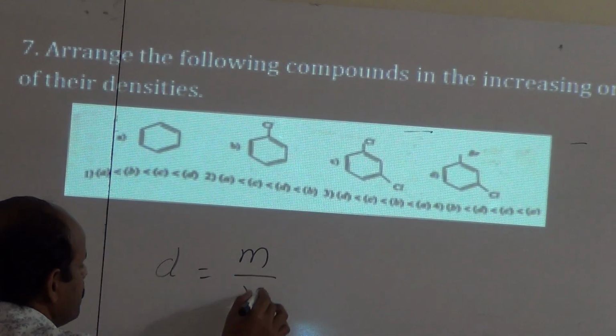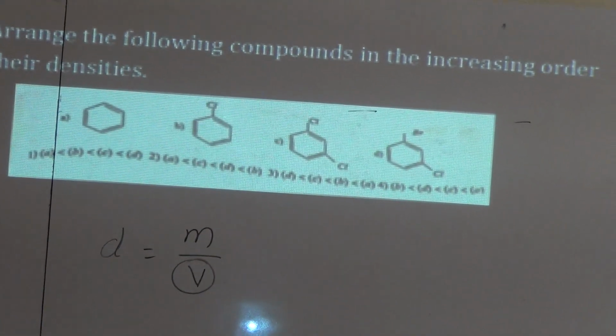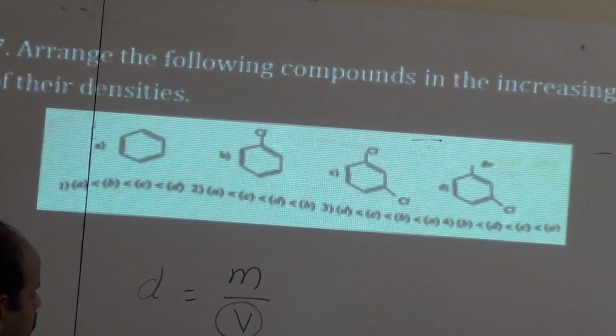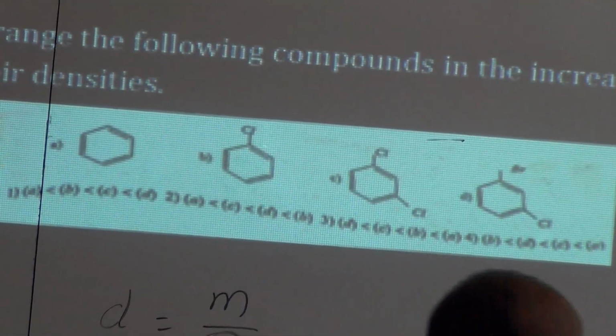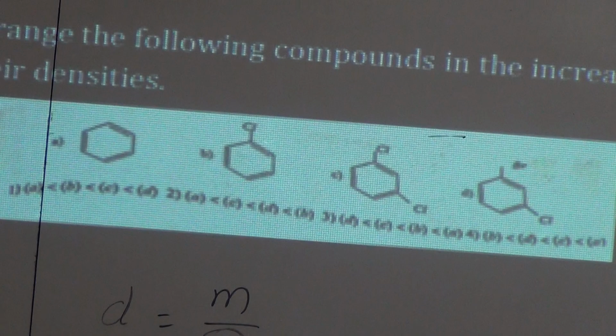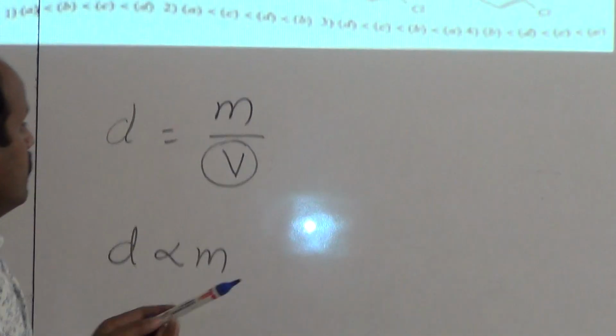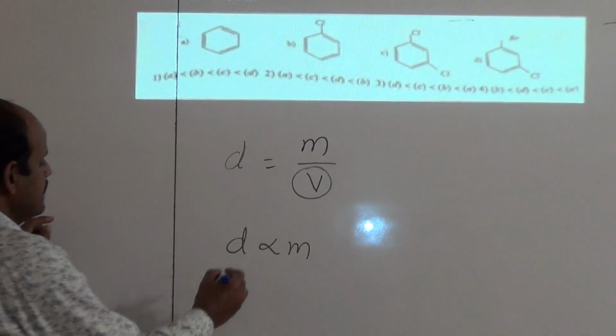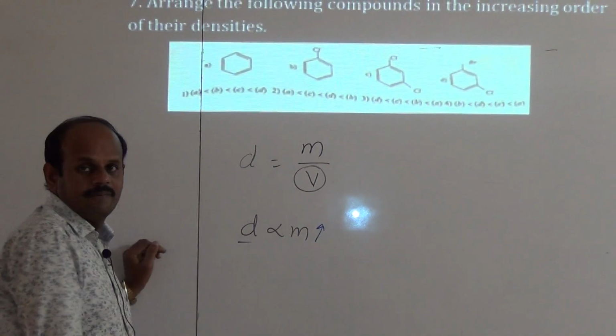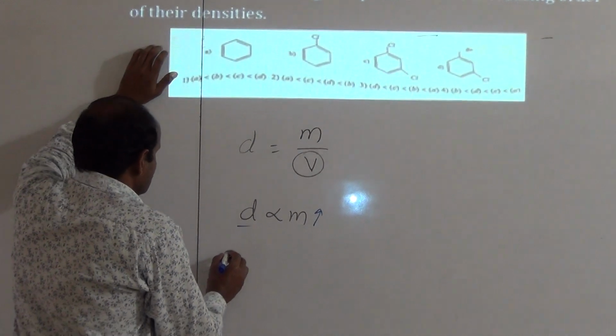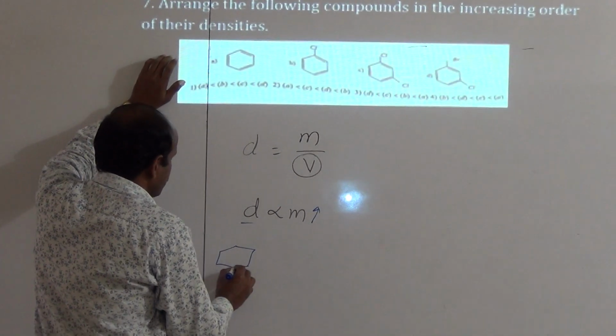If you fix the volume, then density is directly proportional to the molecular mass of the compound only, no? Meaning if molecular mass increases, then density also increases. Then take the first option. What is the first option? Benzene.